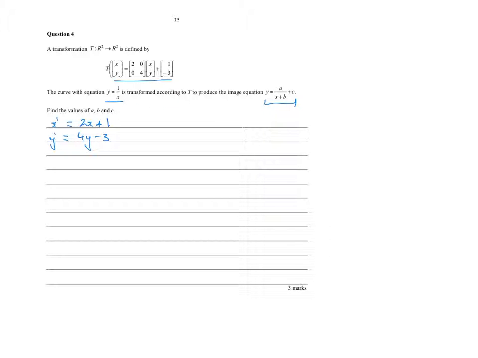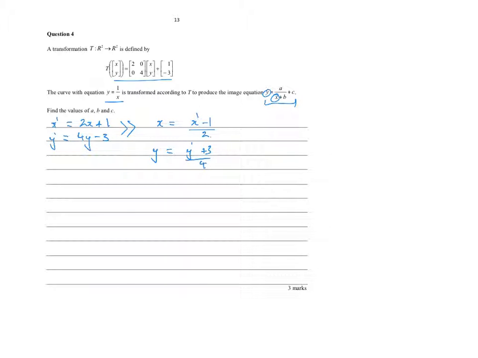4y minus 3. Rearrange, because that's x dashed and y dashed equals, I need y equals and x equals. So what does x equal? X will equal, take 1 across and divide by 2. Y will equal y dashed plus 3 over 4.